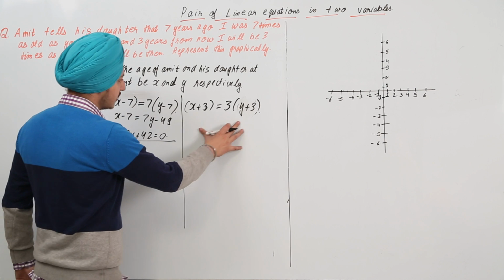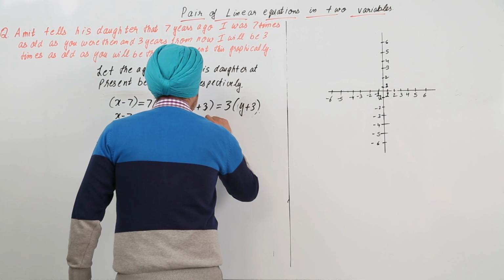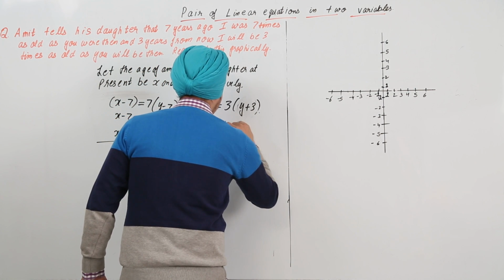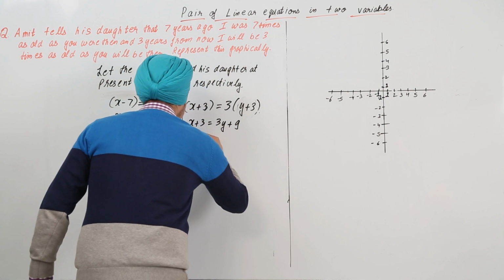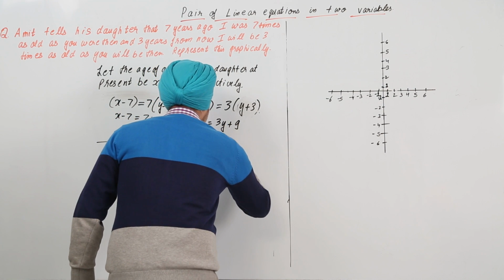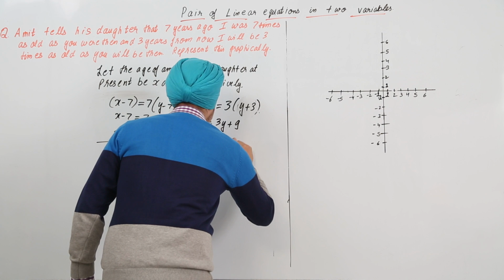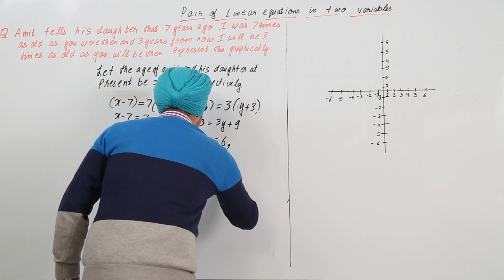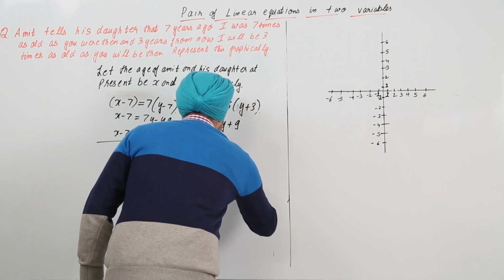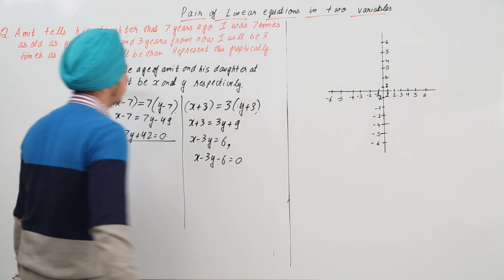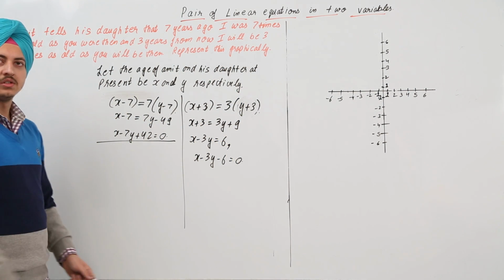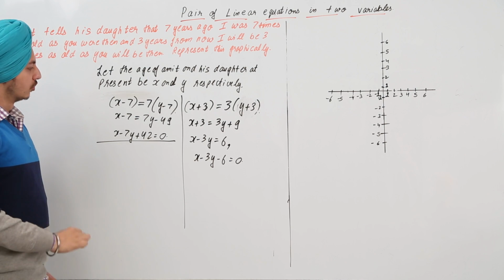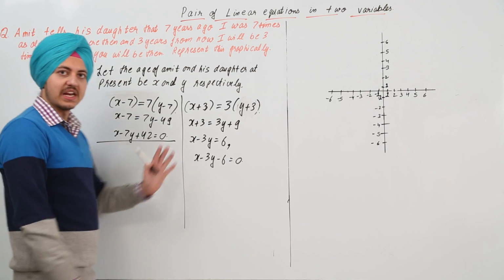Now we simplify this. X plus 3 is equal to 3Y plus 9. So X minus 3Y is equal to 6, or I can write it as X minus 3Y minus 6 equal to 0. Correct?